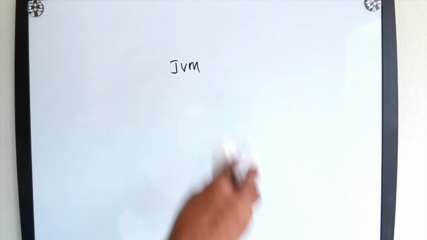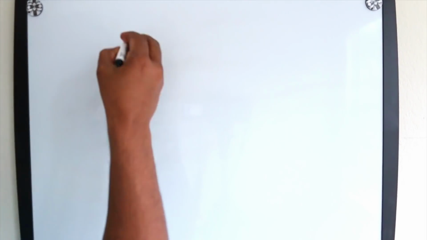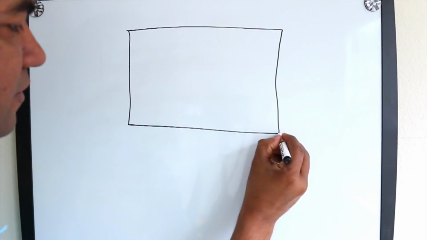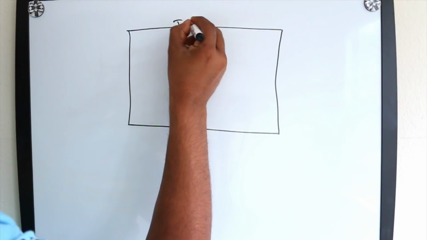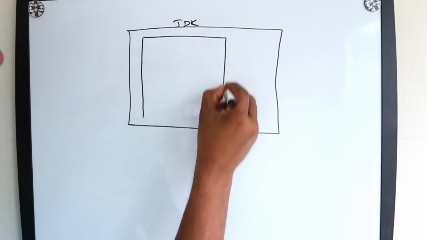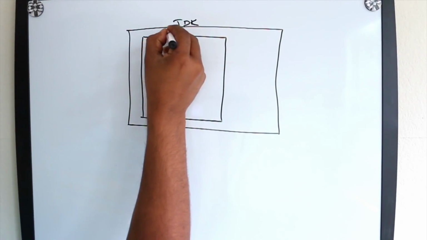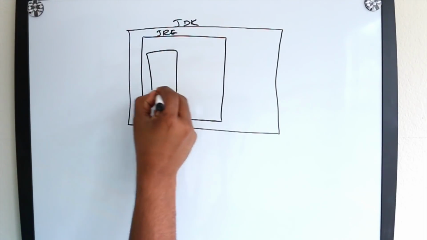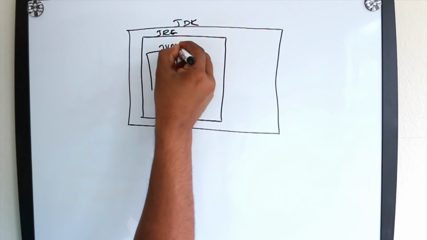Now let's dig in one by one to see what is inside those areas. To get a high-level picture, you have the JDK, and you have the JRE, and inside that you have the JVM.